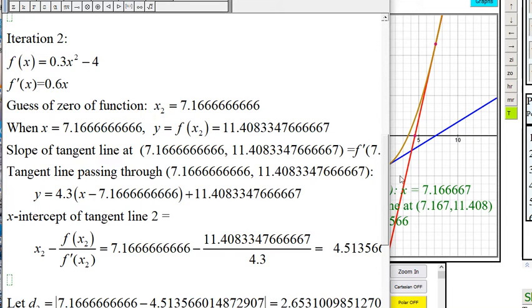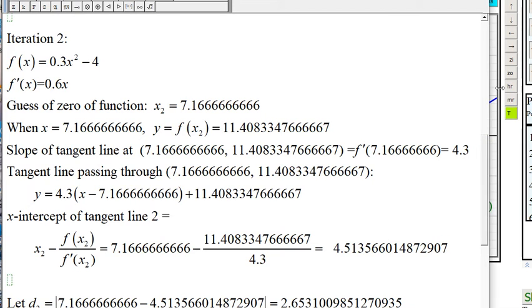So for tangent line number 2, it passes through the point 7.16 and 11.4. The slope of tangent line number 2 will be the derivative evaluated at 7.16, because the derivative is the slope of the tangent line, and we get 4.3.